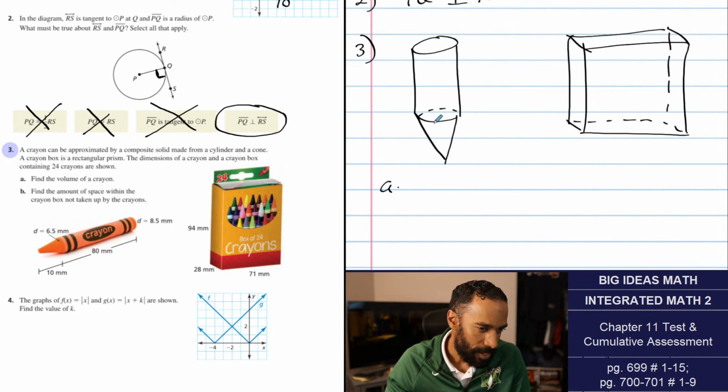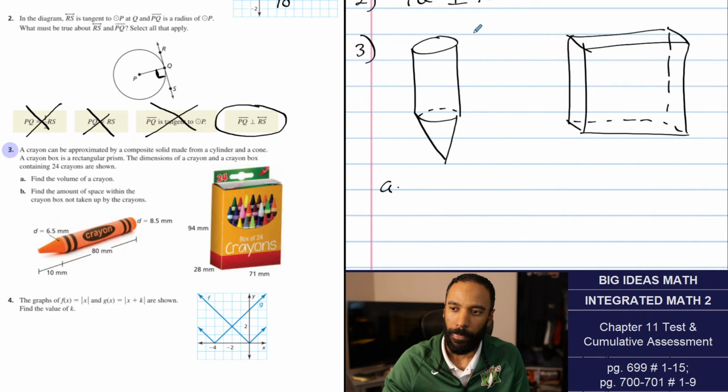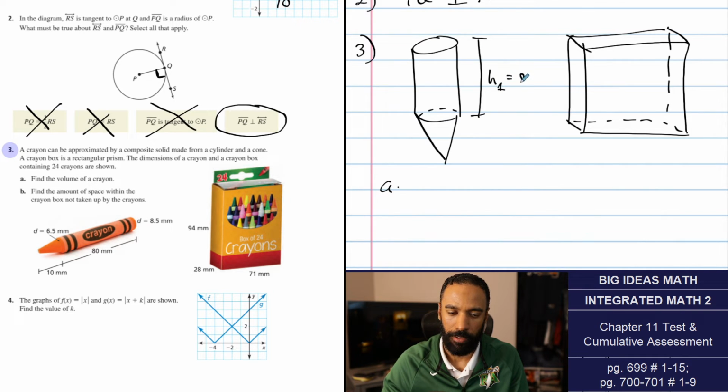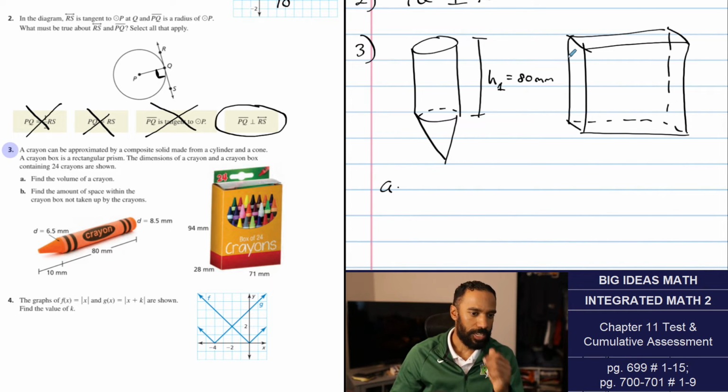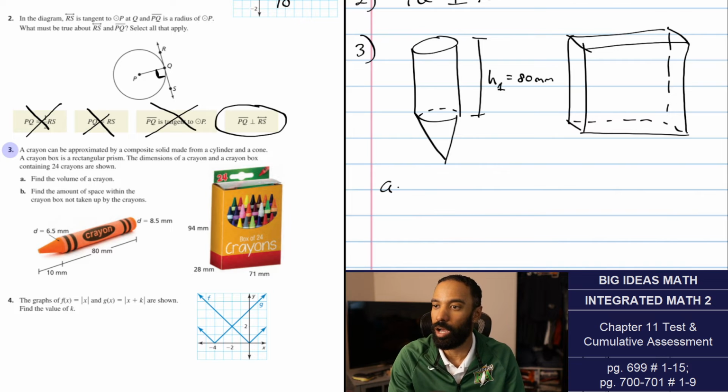They give us a cylindrical height of 80, let's call this object 1, of 80 millimeters. When they say D is 6 point something, it's a smaller cone. It's not the same as this thing here. I thought they were going to approximate it like that.